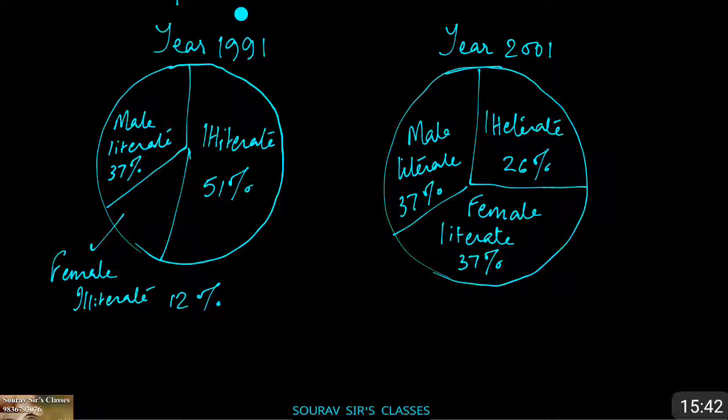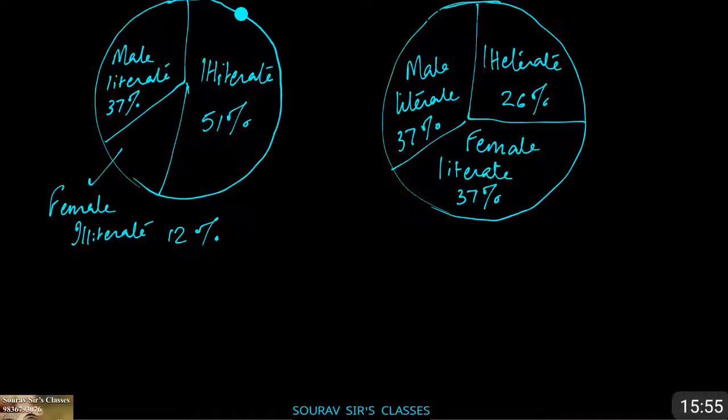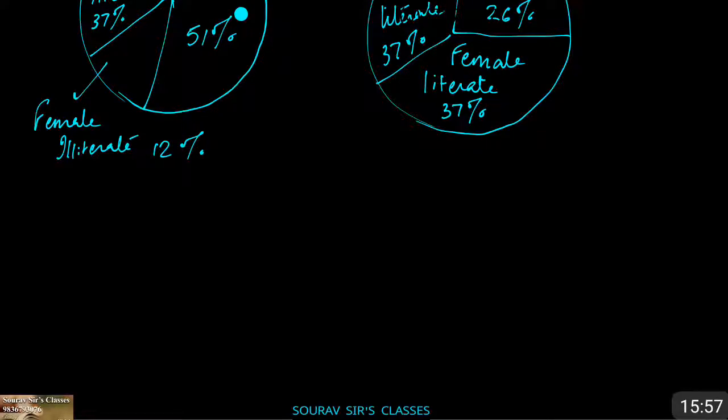I repeat the question again. Which of the following statements can be inferred without any doubt? Statement number 1. In 1970, less than half of the illiterates were female.